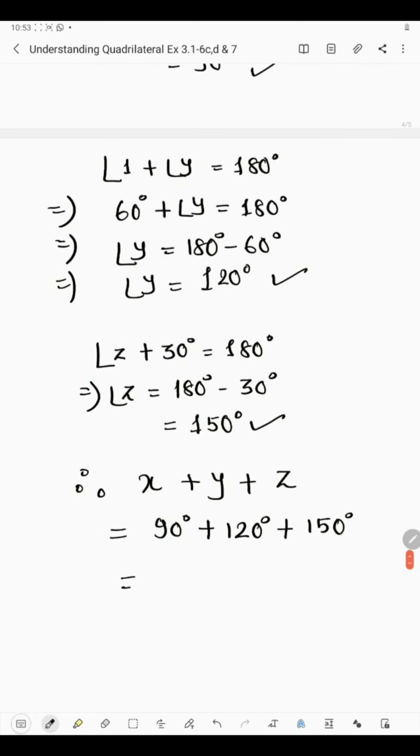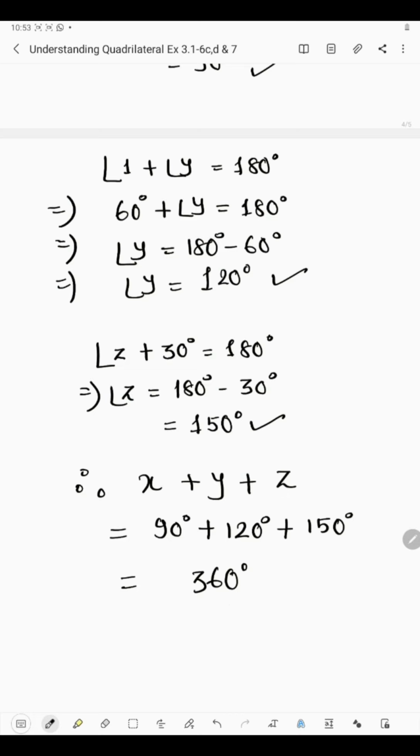Now we will add these three. 0 plus 0 plus 0 is 0. 5 plus 2 is 7. 7 plus 9 is 16, 1 carry. 1 plus 1 is 2. 2 plus 1 is 3. So the sum of the exterior angles is 360 degrees, because x, y, z, these three are exterior angles, and what we have seen is that the sum of exterior angles is 360 degrees.